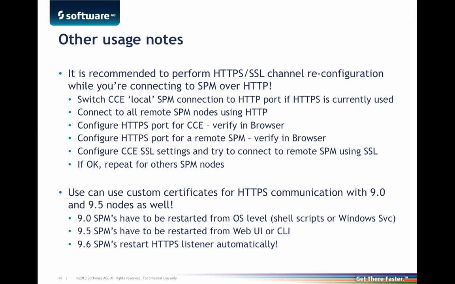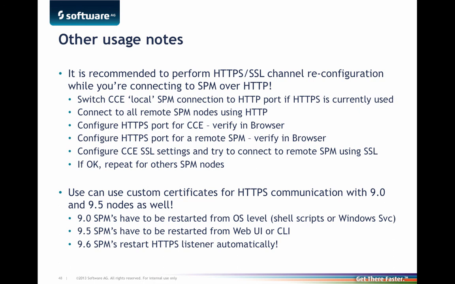The only thing you need to know is that if you reconfigure 9.0 SPMs, they have to be restarted manually using shell scripts, or if you're on Windows, you can use Windows Service Control. 9.5 SPMs can be restarted from the web UI or command line using the supported features for lifecycle operations, while the 9.6 SPMs restart themselves automatically when you make changes to HTTPS, which makes them very convenient to reconfigure.